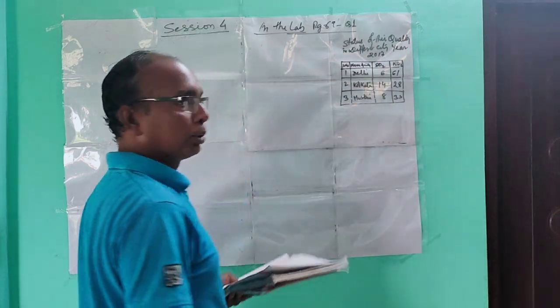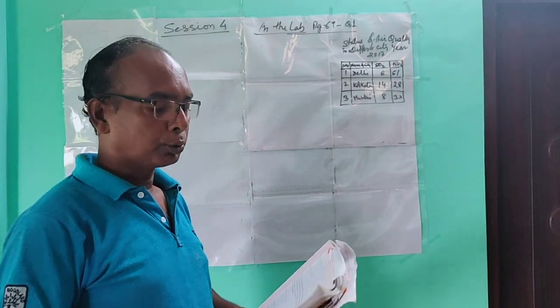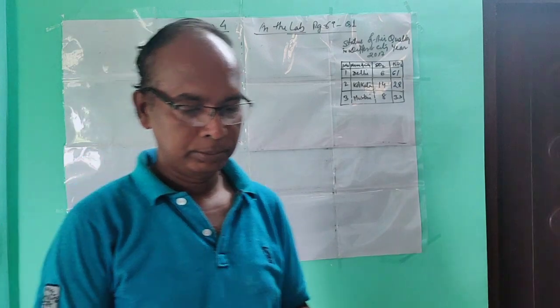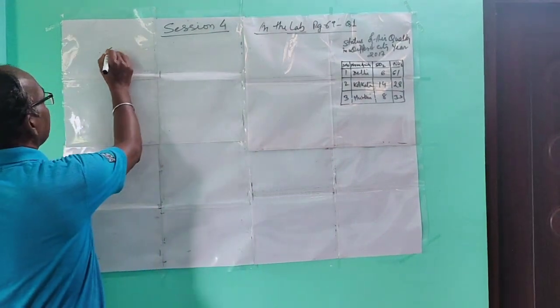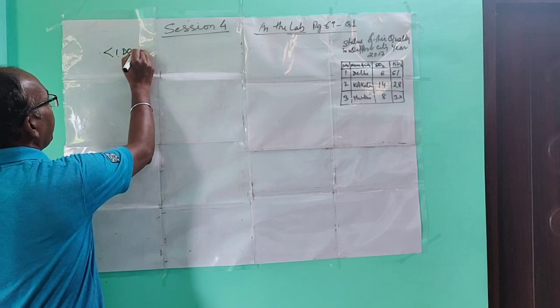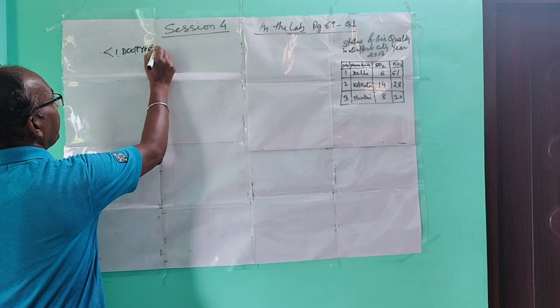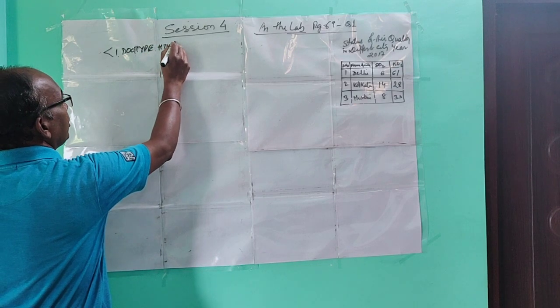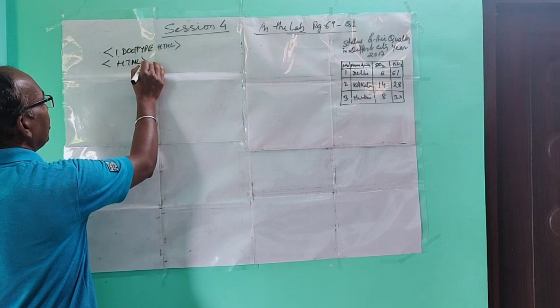So according to the output, how do we input the codes? The first code is doctype HTML. Second one is opening html.